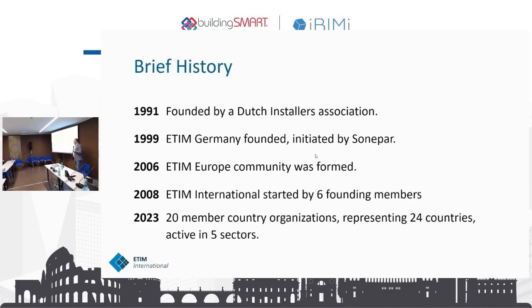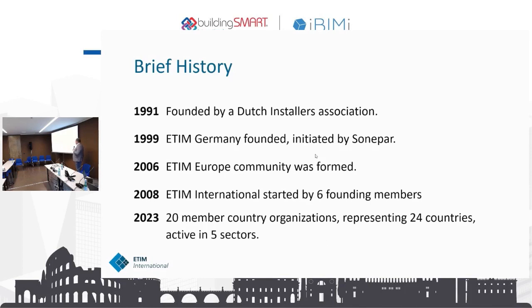Germany took an interest and started their own chapter as well. In 2006, ETIM Europe, a community, was formed, which became ETIM International, because if you have multiple chapters, you have to have an international organization that coordinates all the work. You don't want to create the same class 3 times.